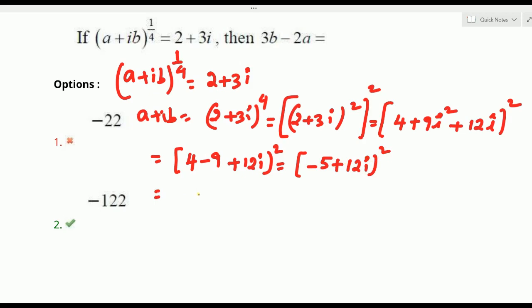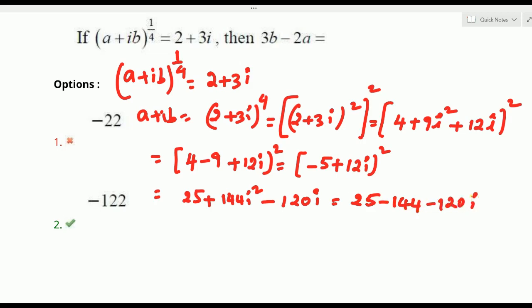So minus 5 whole square is 25, plus (12i) whole square is 144i square, plus 2 into minus 5 into 12i, that is minus 120i. Next, i square value, you know well, is minus 1, therefore this becomes 25 minus 144 with minus 120i.